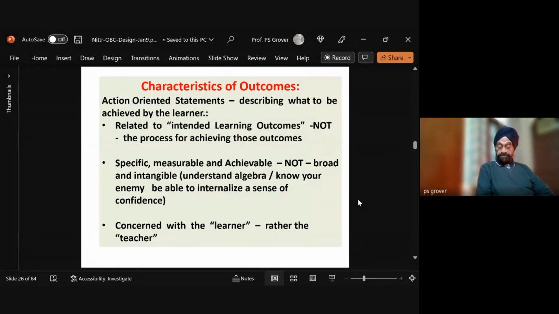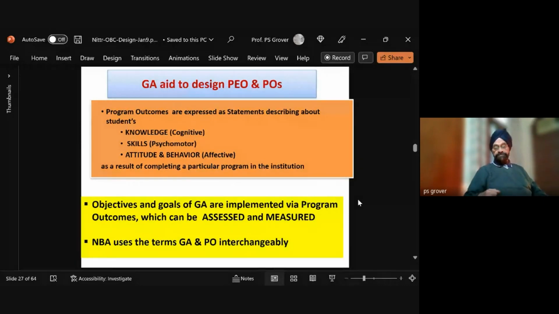Outcome-based education says your curriculum should be designed and implemented in such a way that you can demonstrate the measured outcome of this. The graduate attributes that I mentioned earlier help to design the program objectives. They help to design the program outcomes. Now, please appreciate there will be some repetition here.